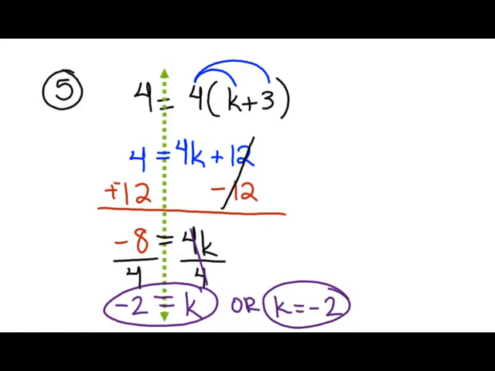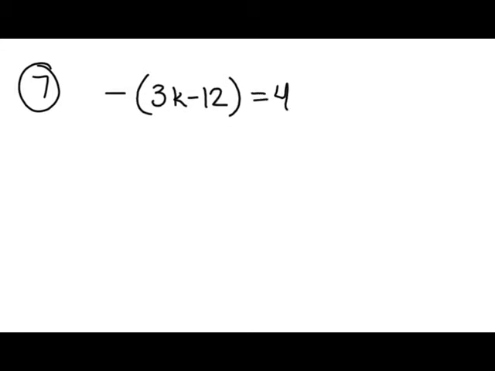Let's just do a couple more. This is number 7. It says negative, parentheses, 3k minus 12, equals 48. I draw my line in to keep both sides balanced.